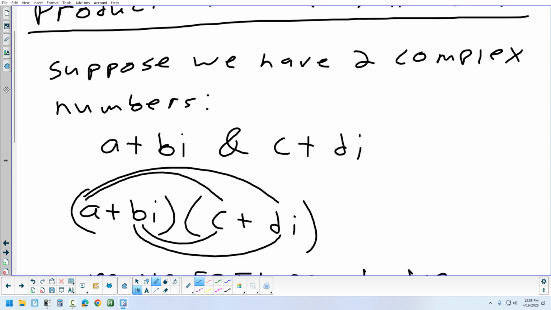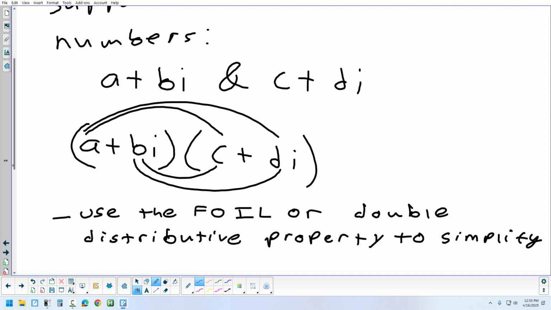Some people remember it as FOIL. Some people remember it as the double distributive property. However you want to remember it, you multiply the first two together. Then you multiply the first one times the last one, the middle two together, and then the last two together. When you multiply the last two together, you're going to end up with an i times another i. That's where we're going to have to deal with the i squared.